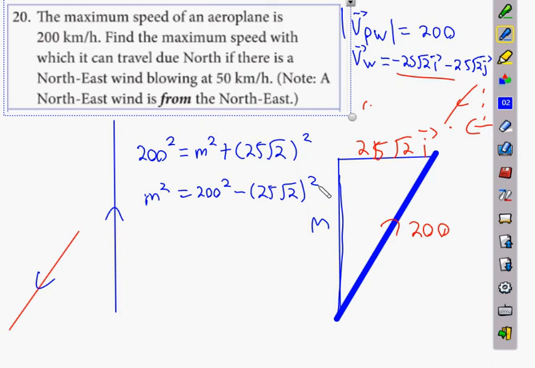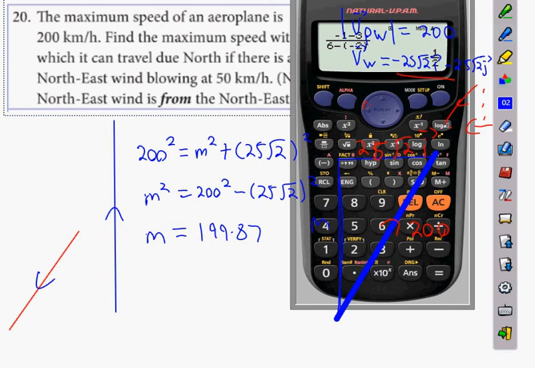Anybody know? 199.87. Sounds good, is that the square root? Can we just double check that one? I know it's very close to 200, it could be right, I'm just thinking it's very close to 200. 196.85. Is it 196.85?